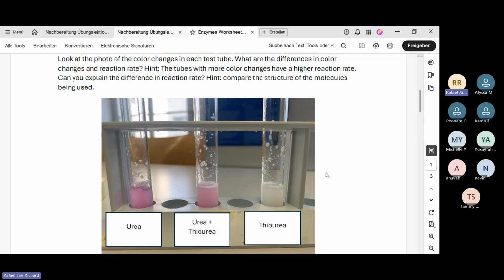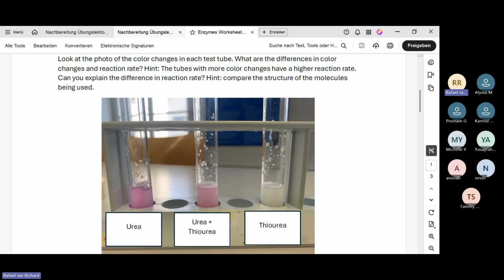You can also write your answers in the chat. Yeah, exactly.